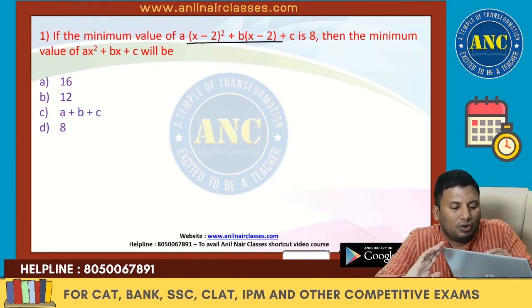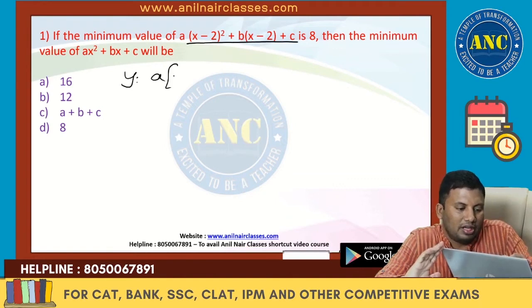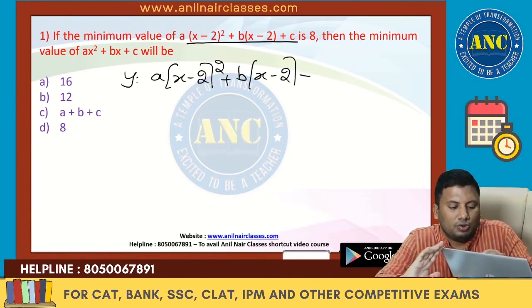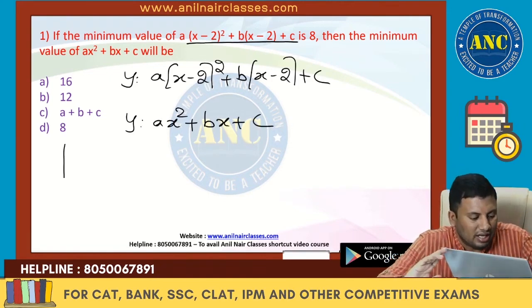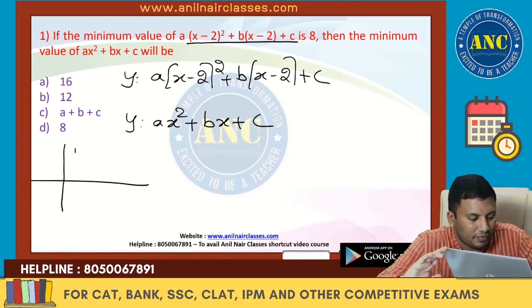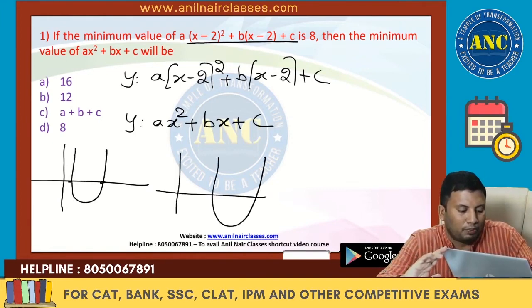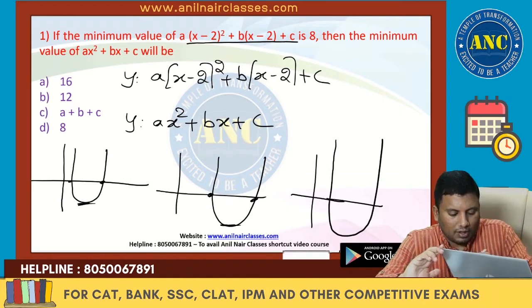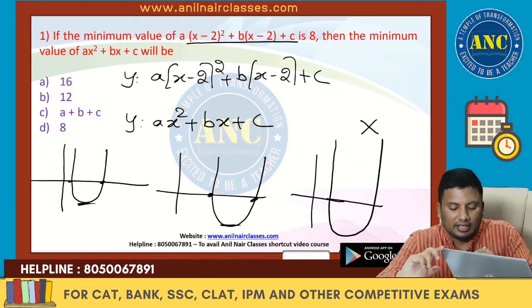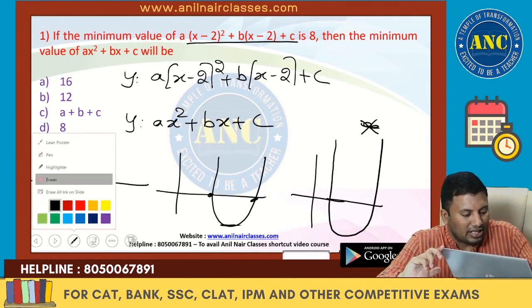If the minimum value of the expression A(x minus 2) square plus B(x minus 2) plus C. The actual quadratic equation is ax square plus bx plus C. Now see here, if the graph is like this, the graph is shifted by 2 points. Will the minimum value change?